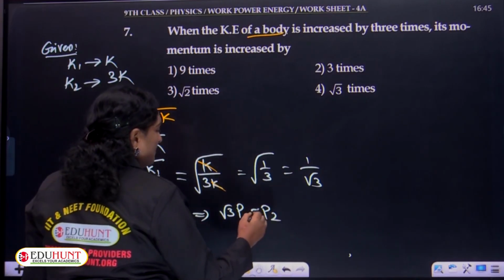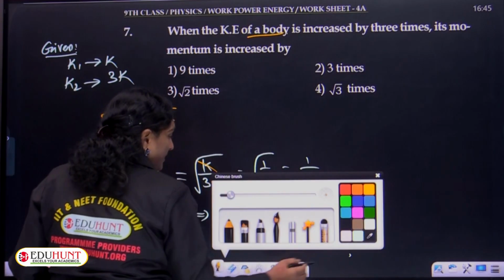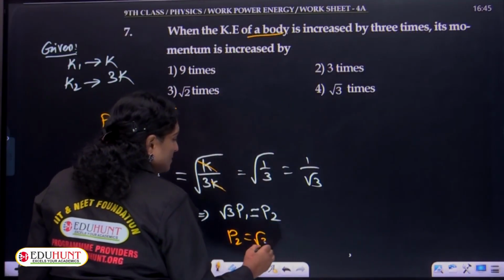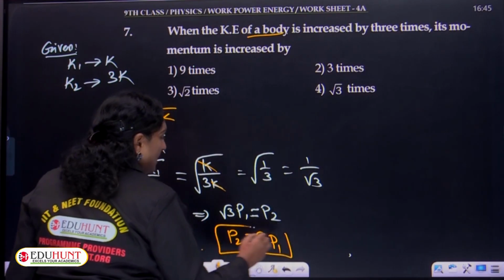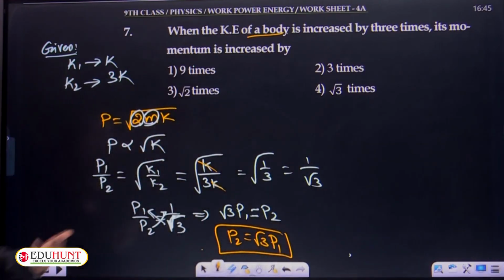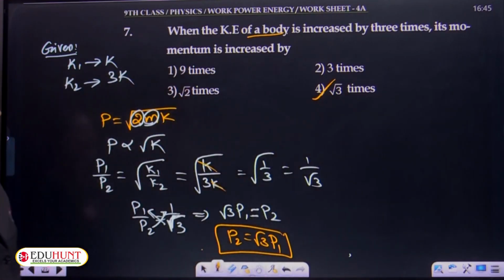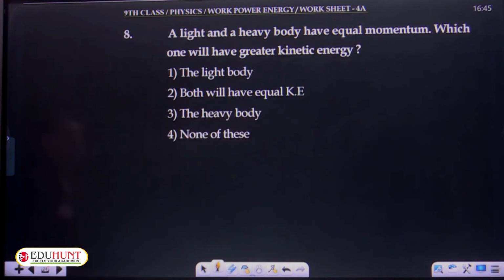So the value of P2 is root 3 times the initial momentum. Hence the correct option is option 4, that is root 3 times. Seventh question, fourth answer. Moving to the eighth one, children.